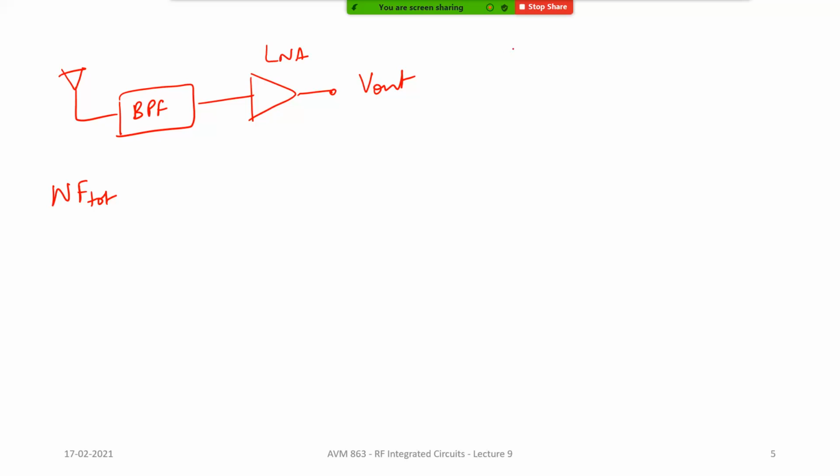Let's say the loss of the bandpass filter is L_BPF, some 1.5 dB, and the noise figure of the LNA is 2 dB. First give an expression for the total noise figure, and then compute how much you get in dB. Try to work it out. I'll give you a couple of minutes. You can quickly use the Friis formula, and you'll be able to find it.